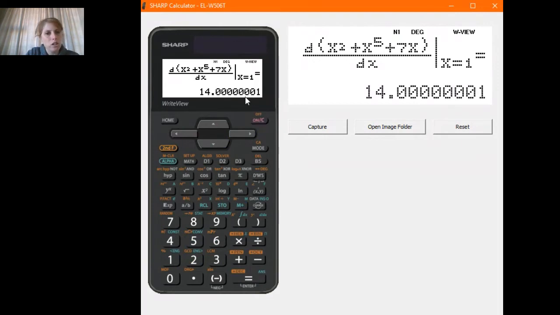You can see exactly what I'm talking about because it's using an estimation process. The answer is actually 14, but because of that estimation process, it's got that tail of 1, which we would exclude anyway.